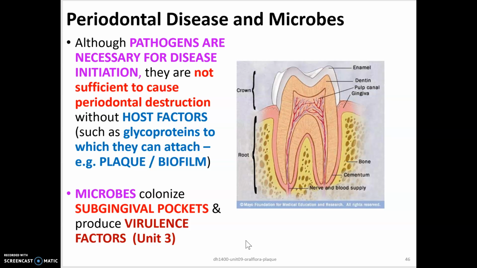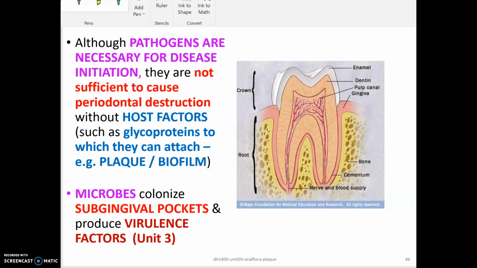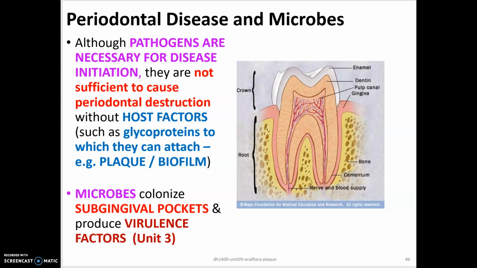Okay, so right now I'm hoping you guys have a pretty good idea of the connection between microbes and periodontal disease. Of course, it'll start off with the development of plaque and a biofilm, and then once those things are established, it depends on how that plaque and biofilm grows and extends, and how far you let it go.